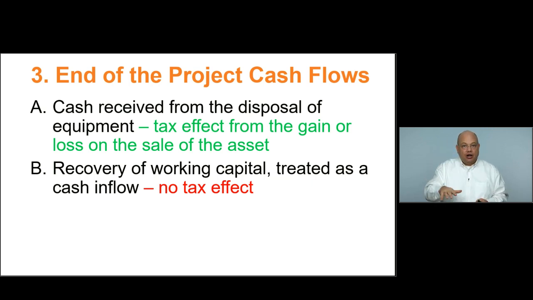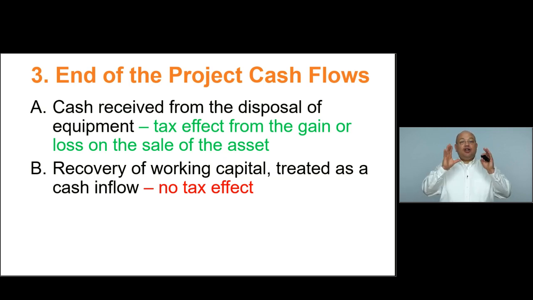We collect those last receivables from our customers. So the recovery of the working capital is a cash inflow, and there is no tax effect. Just like there's no tax effect when working capital was built up, there is no tax effect when working capital is released at the end of the project as well.